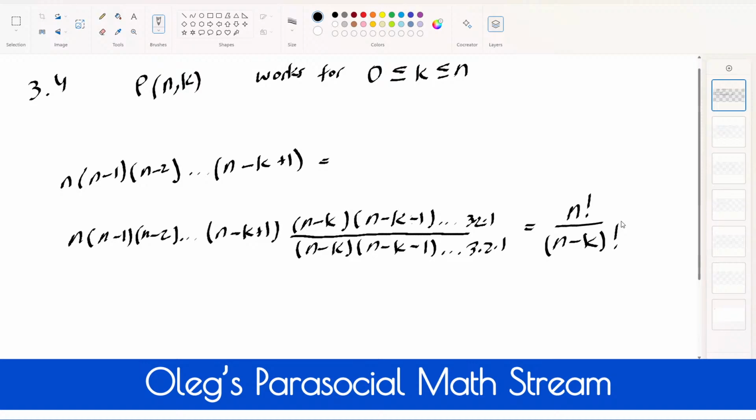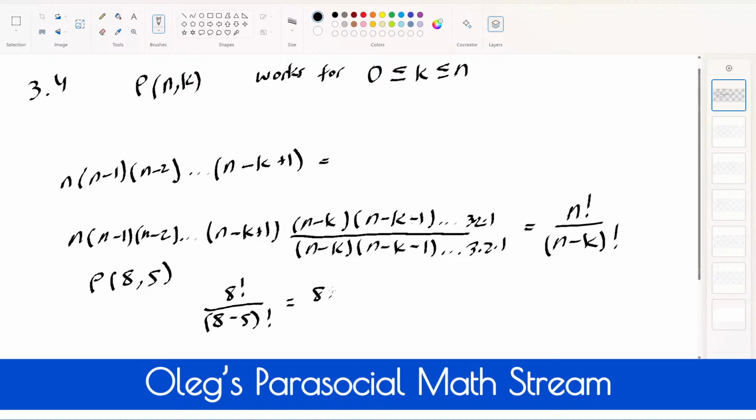And now we're going to say this here. Let's take this, n choose 5. Okay, so we're going to say here, what we're going to do is 8 factorial over 8 minus 5 factorial.